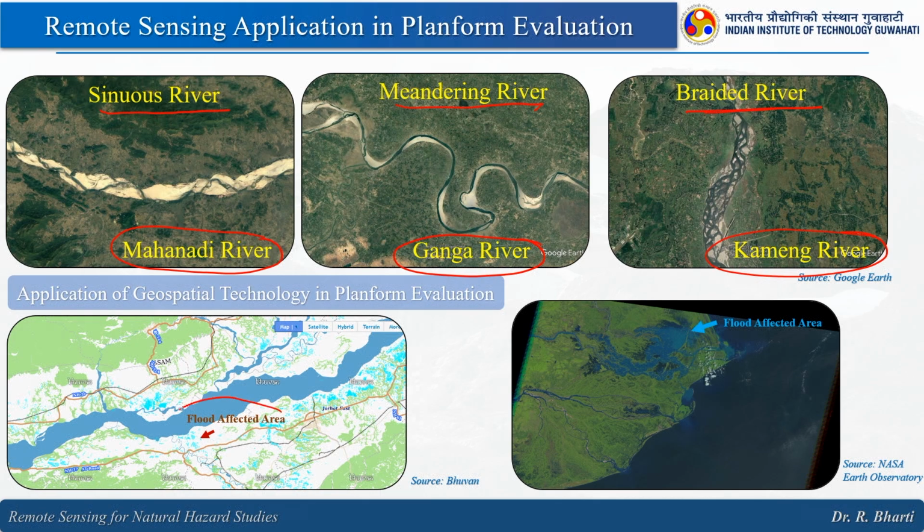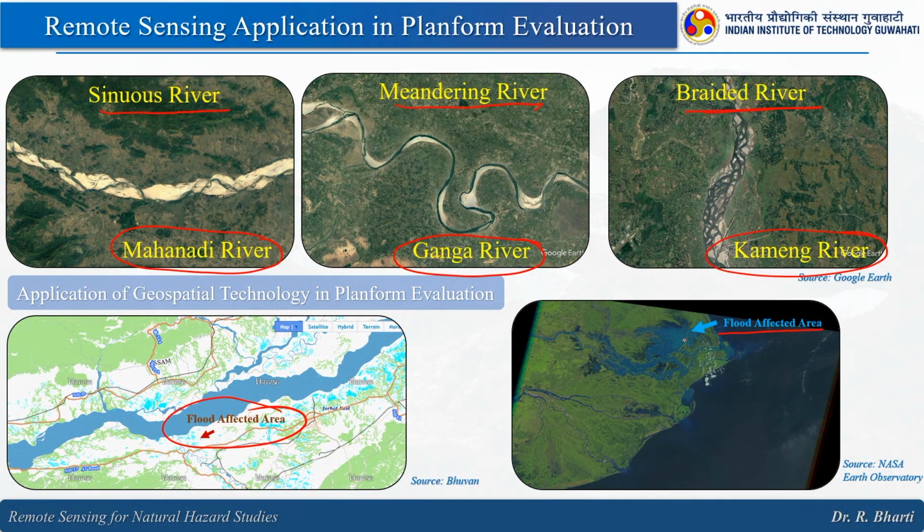And we all know that flood affected areas can be easily identified using the remote sensing data if we have pre and post flood event data set. Here also you can see that flood affected areas can be easily demarcated, right? So this is what we can do and why we are trying to learn what is the potential application of remote sensing in planform studies, right?